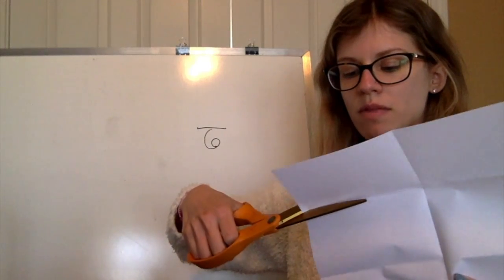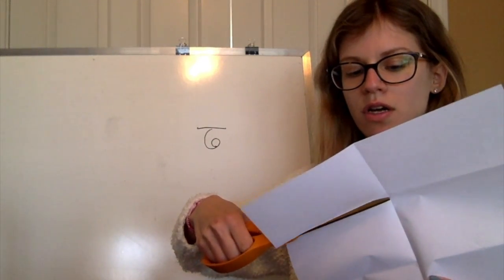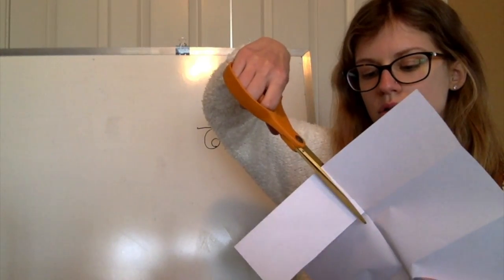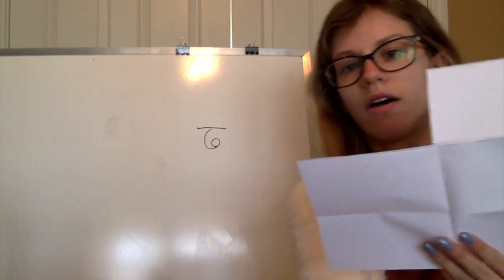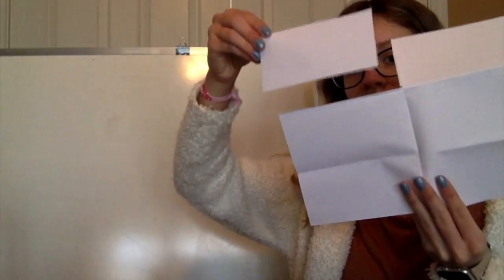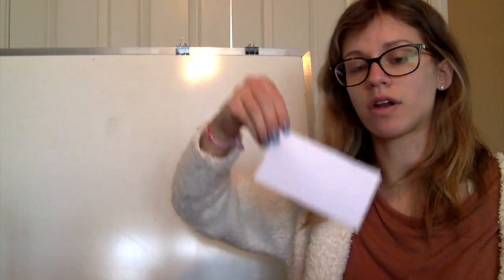Now I'm going to do the same thing. I'm going to cut off one part of my piece of paper. What would this fraction be? Think about it. I cut how many pieces off that are separated?